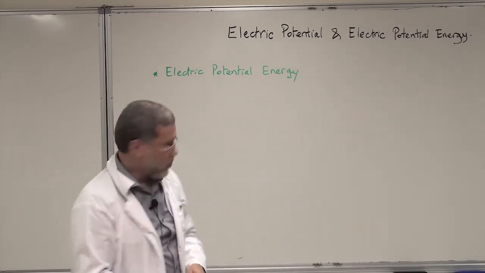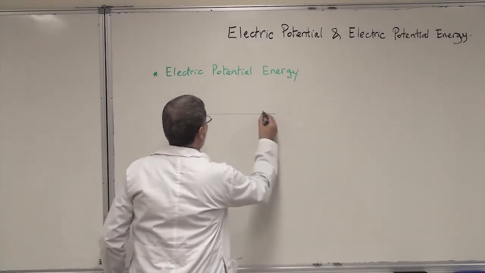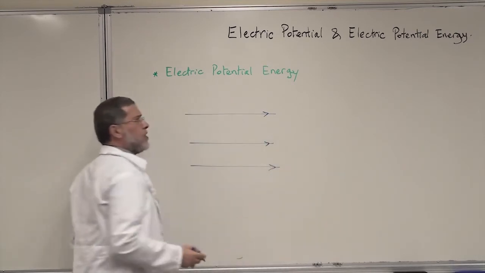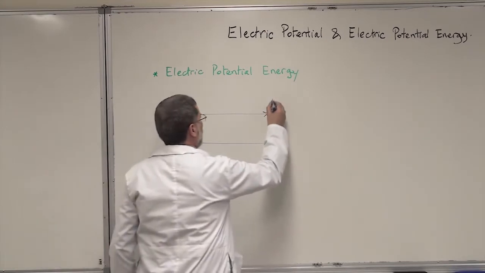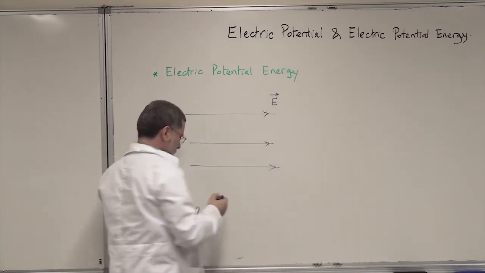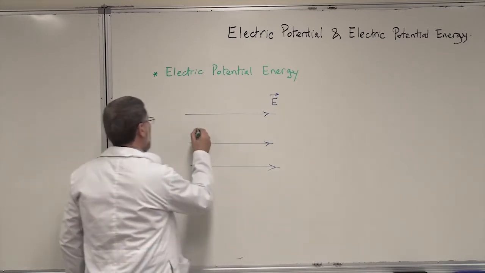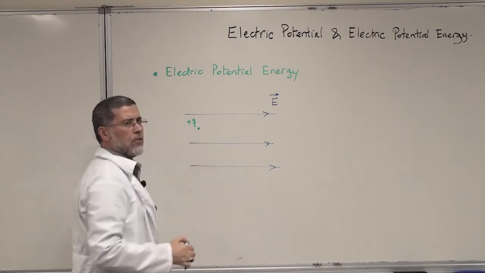Okay. Now to do that, let's imagine that you have an electric field. I am making the electric field uniform just for simplicity, but the electric field doesn't have to be uniform, okay? That's the electric field. And then you put a charged particle here, plus Q, for example, a positive charge.